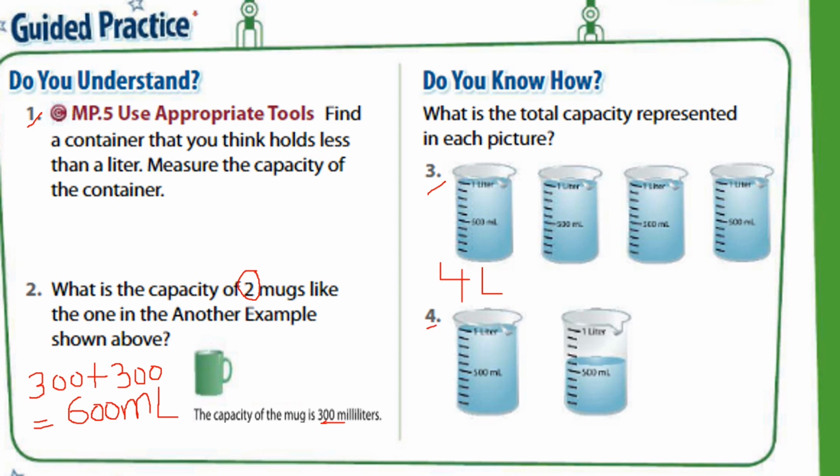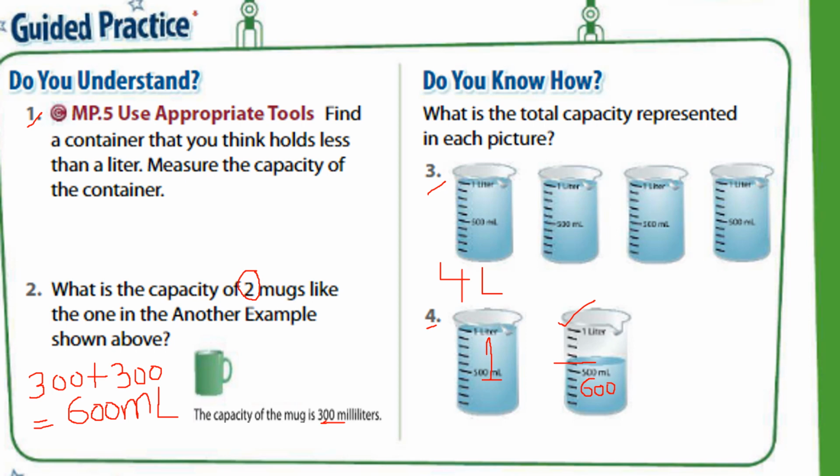Okay. In question 4, the capacity of this beaker is, excellent, 1 liter, and the capacity of this beaker is just 1 mark above the 500, so it will be, excellent, 600.